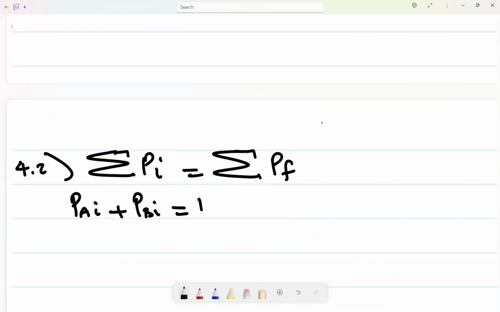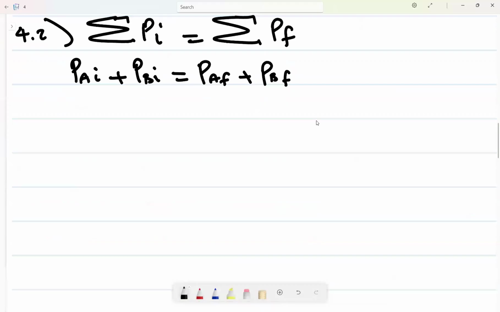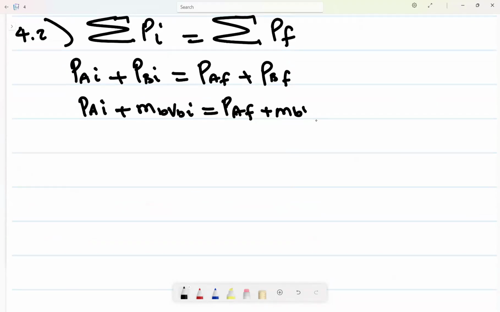It is equal to the momentum of A final plus the momentum of B final. So now we already have the momentum of A initial, plus m_B v_B initial, which is equal to the momentum of A final, which I have, plus m_B v_B final.